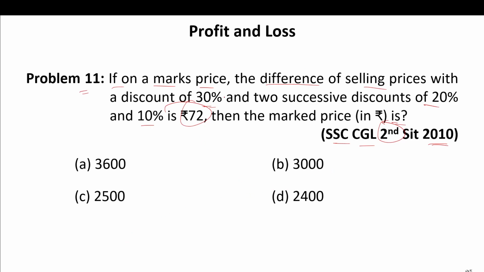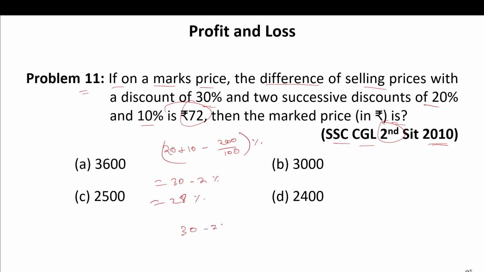Okay, so the difference between a straight discount of 30 and successive discounts of 20 and 10. So after successive discounts of 20 and 10, the equivalent percentage will be 20 plus 10 minus 20 times 10 by 100, this much percent. So this is equal to 30 minus 2%, which is equal to 28%. So this is equivalent to the two successive discounts. Okay.